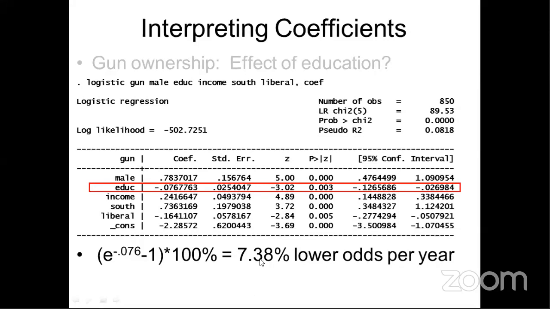That gives you this. So for example, in the case of education, 7.38% lower odds per year. That means for every additional year of education, the odds are lesser by 7.38%.